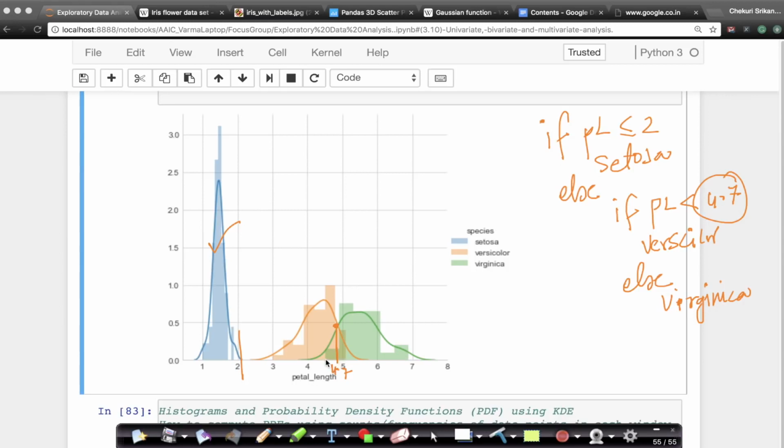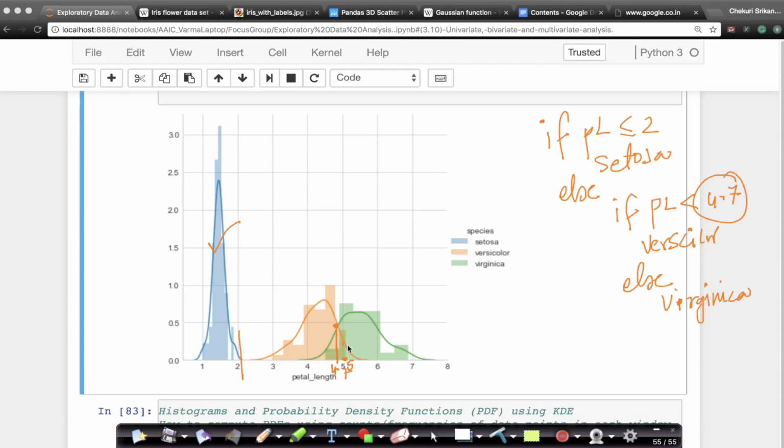So suppose, imagine I get a flower which has a value of 5. So I picked up a flower from the garden and I got its petal length as 5. Now, which of these two has a higher chance of it belonging to? Now, if you look at this 5 value, what is the probability?